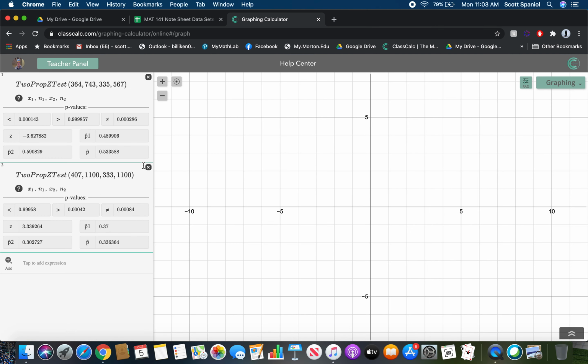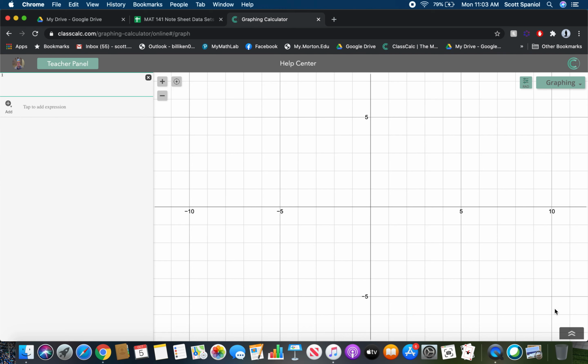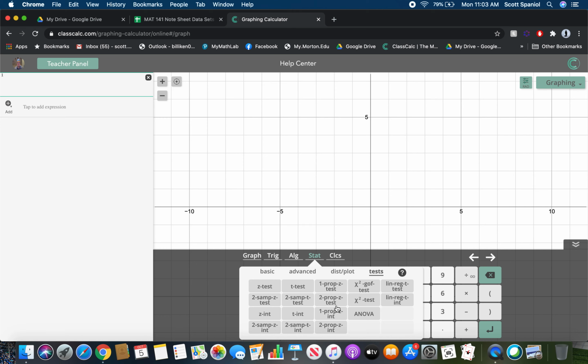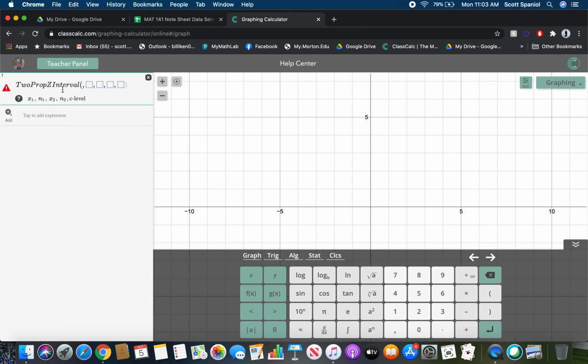So if I go into my menu under stat tests, I've got 2 prop z int down here at the bottom, just like I had 2 prop z test. And it's going to look just like 1 prop z int, except we're going to have 2 samples to put in. So we've got x sub 1, n sub 1, and so on.